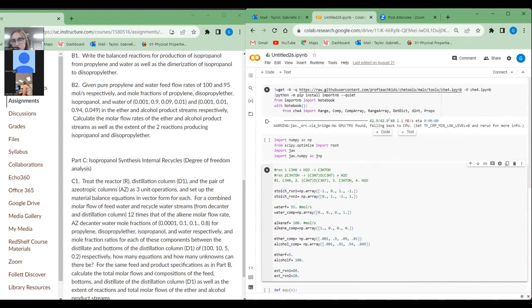So if we go over here and we look, there's a function called dict. So what is that? That is going to be a library where we're going to hold information, right? So instead of having just arrays that we're going to call back on, this one is going to store all this information in this dictionary.